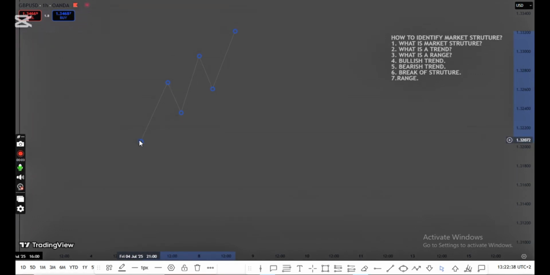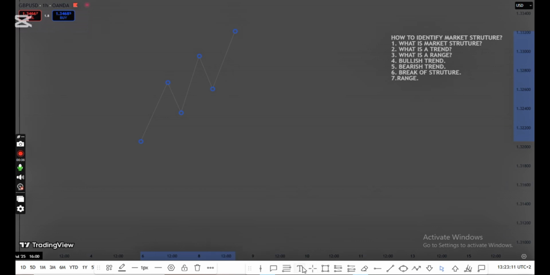So we want to see price having an initial low that it starts from and then pushing to the upside, creating a new high, then coming back within the range of this price run that it initially created, and then pushing up again, taking out that high, and then coming back inside this range again, and then pushing to the upside, taking out that high. So what we have here is what we call a bullish market trend, right?